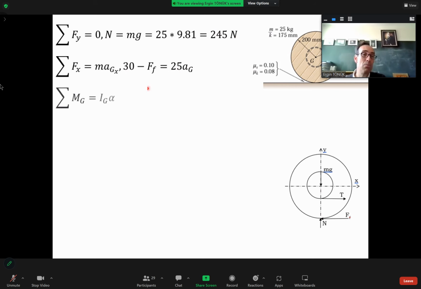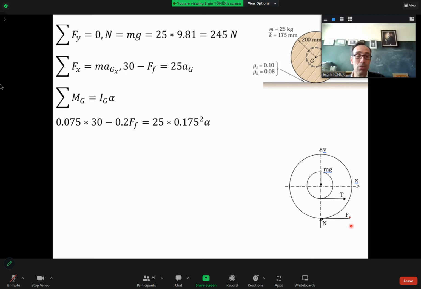I can take moment about the mass center and equate it to mass moment of inertia about the mass center times the angular acceleration of the disk. So what I have is moment of T, which is counterclockwise. The distance is 75 millimeters times 30.